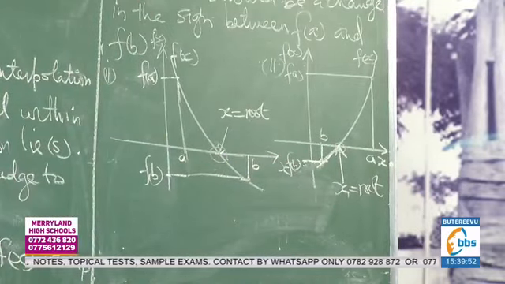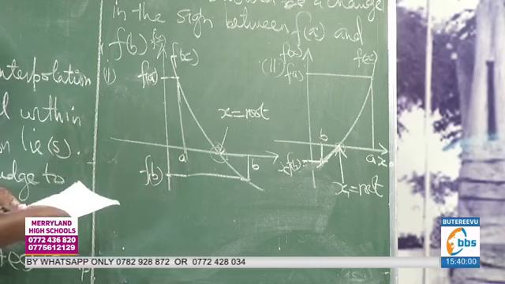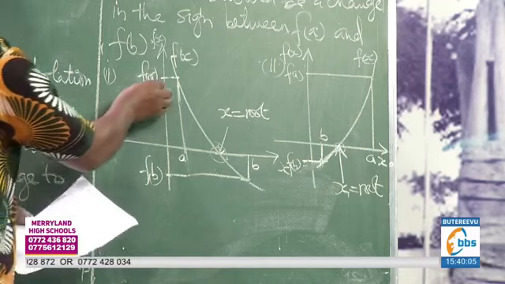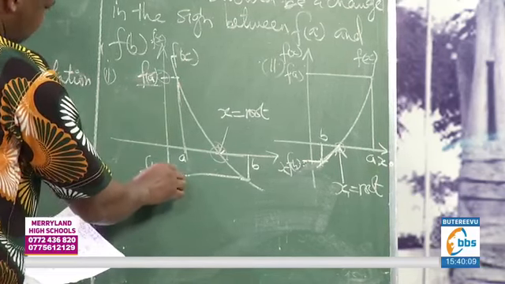I think that information is enough for the candidates following this lesson to allow us to now look at an example. It is very clear that f of a is positive here and f of b is negative here.